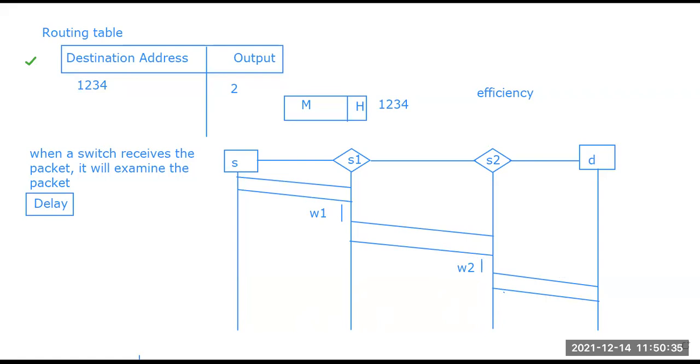And what can be the total delay? It starts from the transmission time, which began here and the message reached later here. Considering the transmission time as T, the total delay will be T plus W1 plus W2.